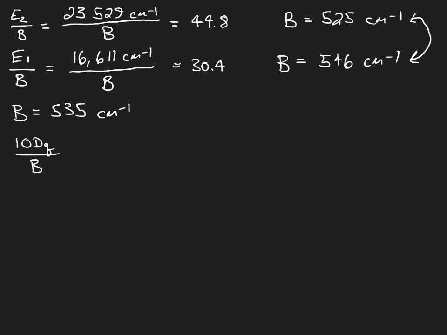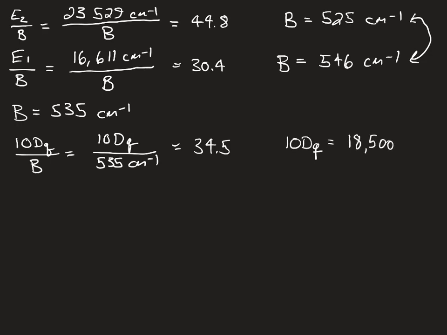Going through, we're going to now calculate the value for 10Dq. So 10Dq over B is equal to 10Dq over 535 wave numbers, which is equal to 34.5. So solving, we get a value for 10Dq equaling 18,500 wave numbers.